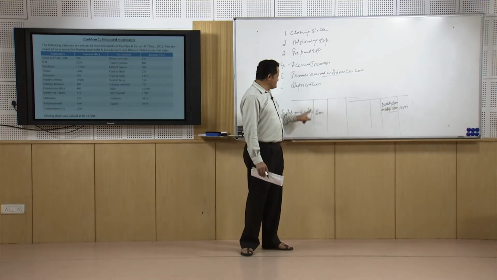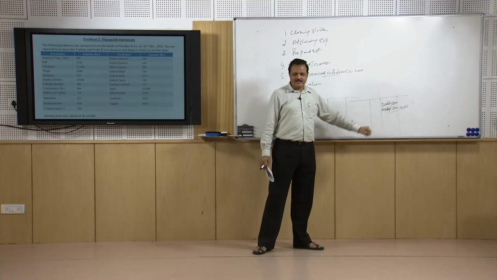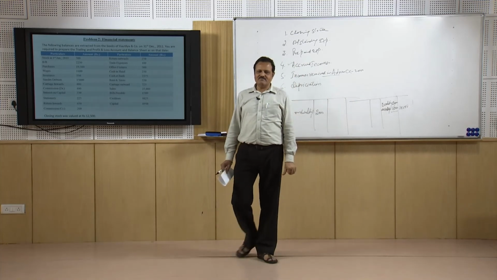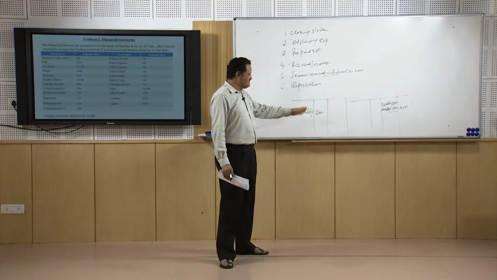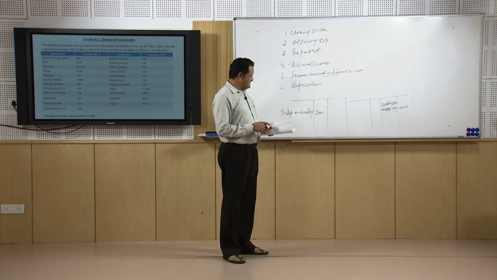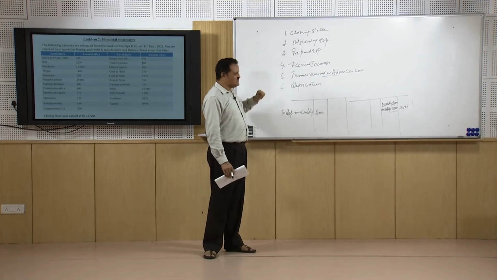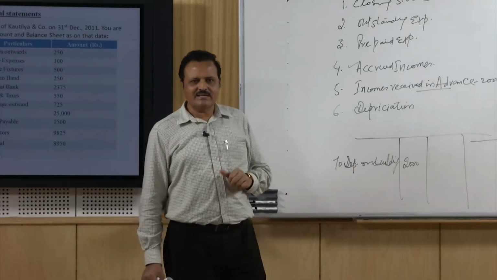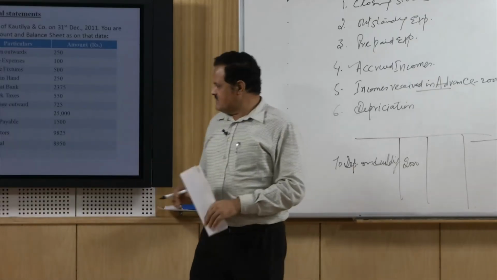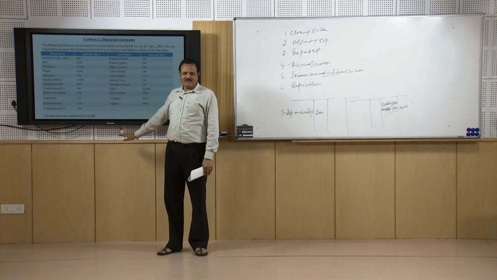So the first effect of depreciation will be on the debit side of the profit and loss account, and the second effect will be in the balance sheet, where we subtract the depreciation from the main head of the asset. These are the six items we have discussed, which may come in the form of additional information available for preparing the financial statements.